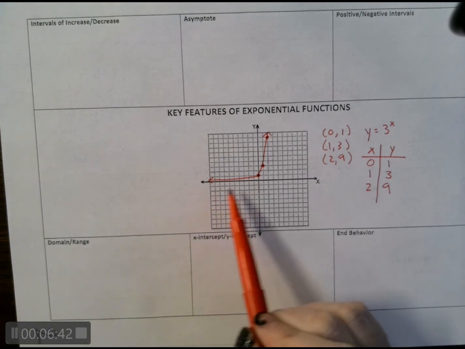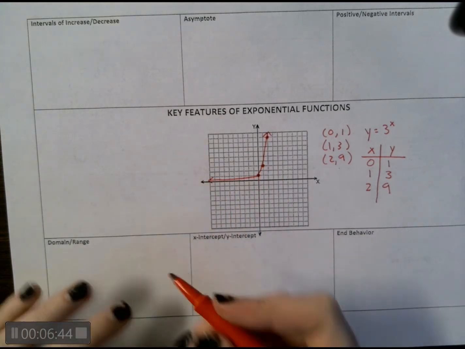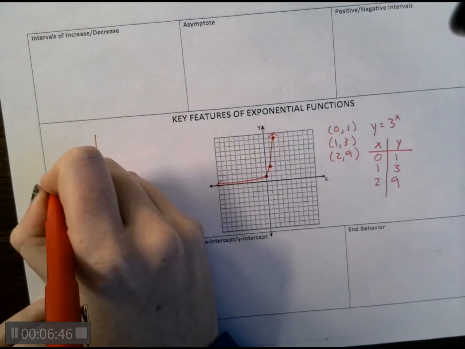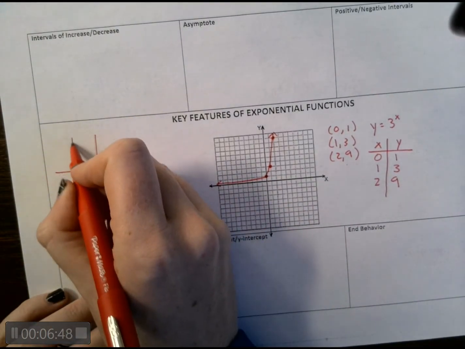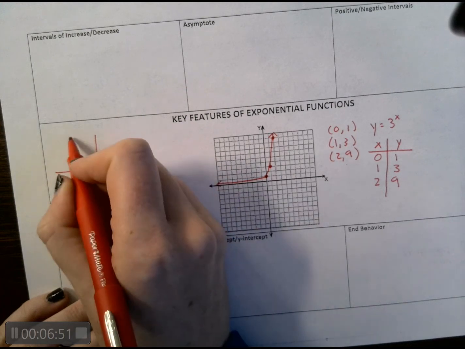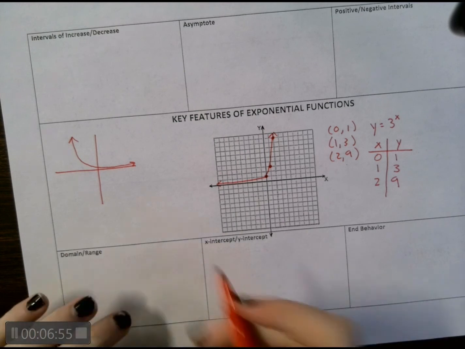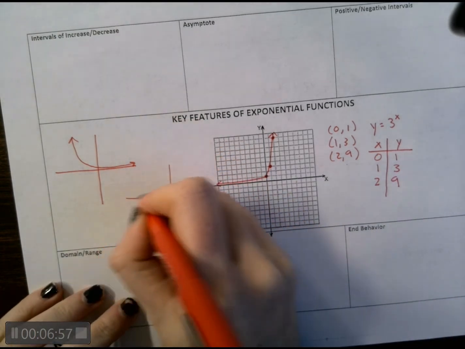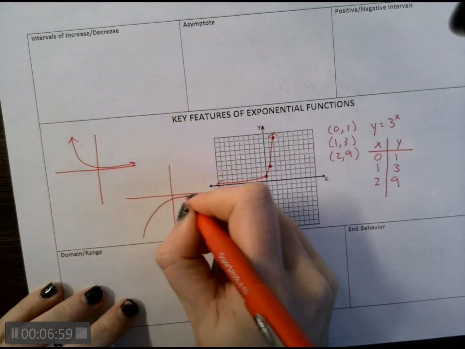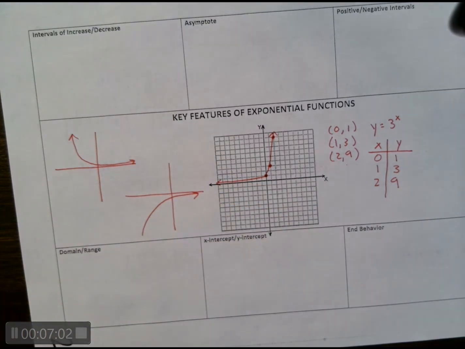So all of our graphs are going to look something like this. They could also look like this, okay? They could also look like that.